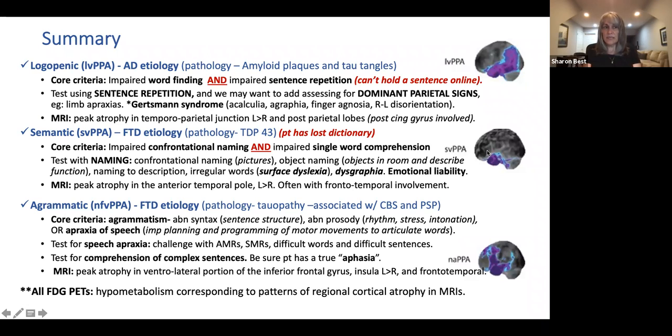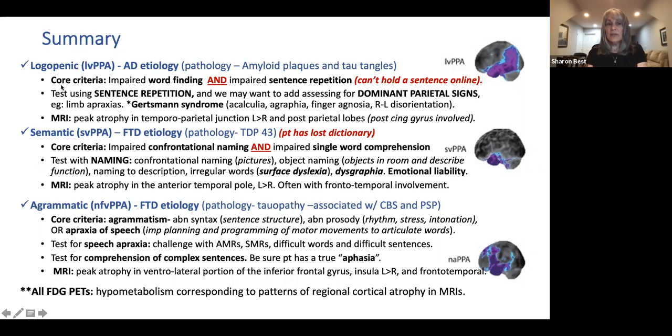So in summary, we have 3 types of PPAs. We have the logopenic, the semantic, and the agrammatic non-fluent. Logopenic is most often, but not always, driven by an AD etiology, underlying amyloid plaques and tau tangles. We expect that MRI to have a peak atrophy in the temporal parietal junction, left greater than right, and posterior parietal lobes with the posterior cingulate gyrus involved.